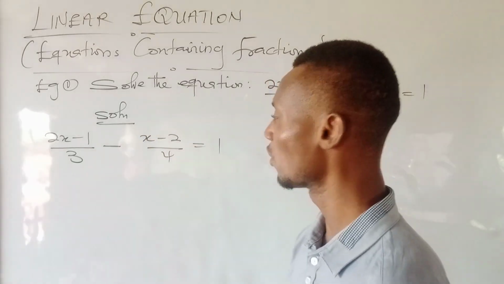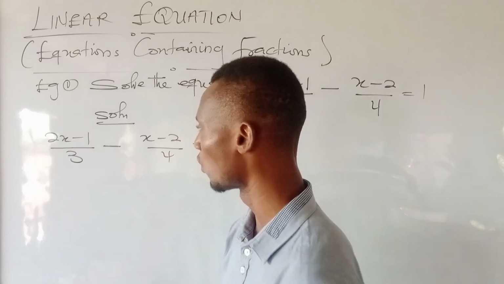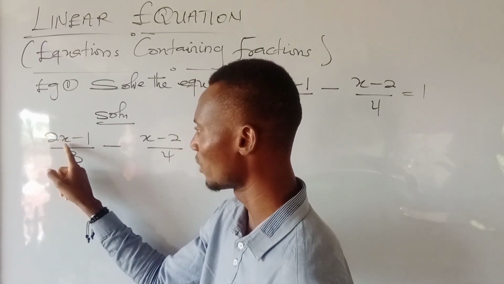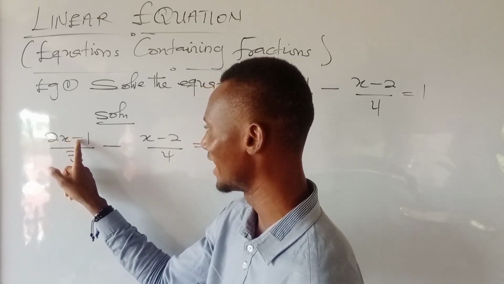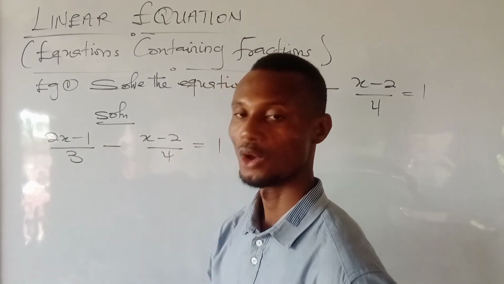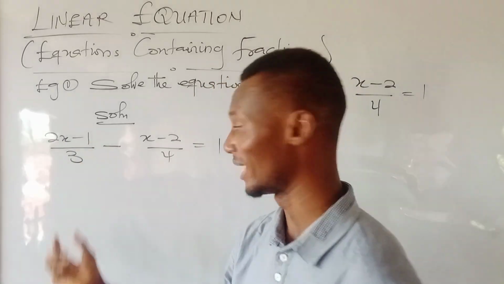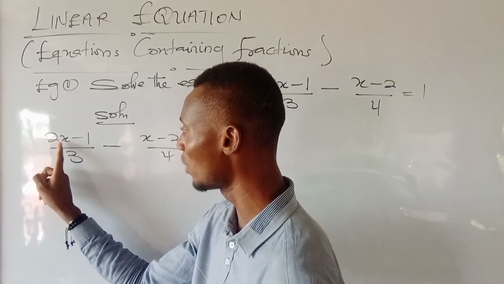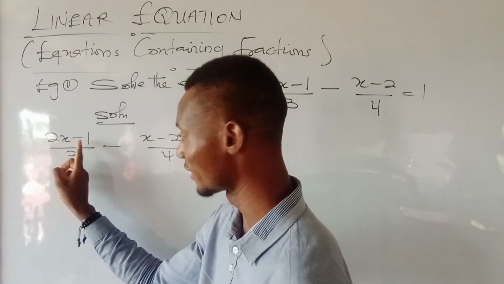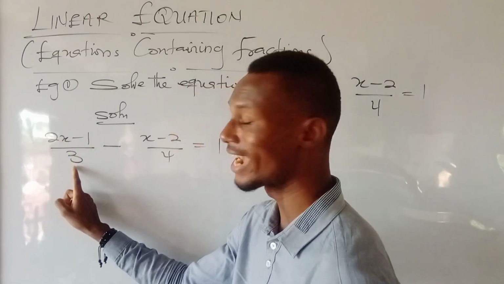Now don't get confused by saying, why not treat this as one term on its own, because the 2s minus 1 is being separated by a negative sign, so we have one term here and another term here. No, we don't do it that way in this case, because with the 2s minus 1 all over 3, you can see that the whole 2s minus 1 is being divided by 3.